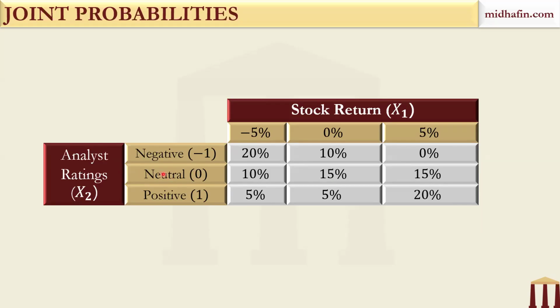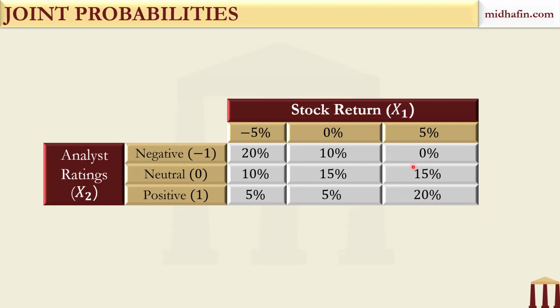So analyst rating being neutral and the stock return being 0% is 15%. Similarly, this 20% means the probability that the analyst rating will be positive and the stock return will be 5% is 20%. It's just like that.